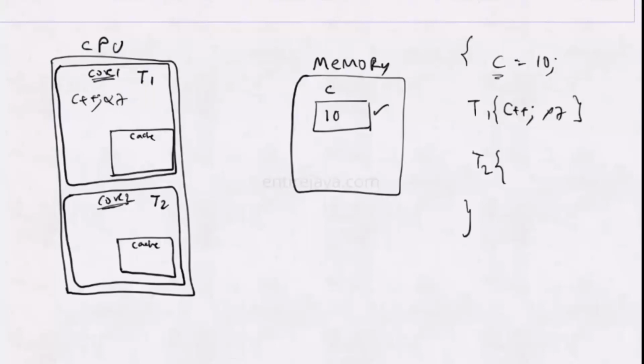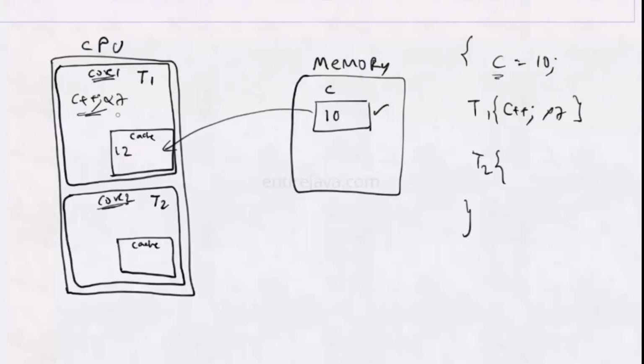Now, for the sake of performance, the way the code is executed is the operating system is going to copy all the required variables into a local cache that resides in the CPU core, and the processor is going to use that cache to perform operations. So it's going to copy the value of 10 initially to the cache, and it's going to increment the value by 1, which will make it 11, and again it increments the value, which will make it 12.